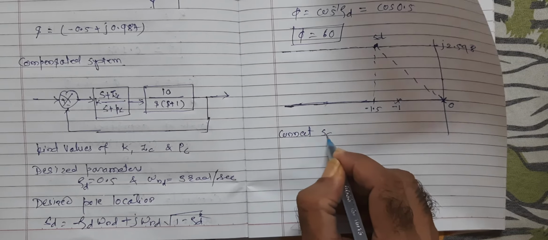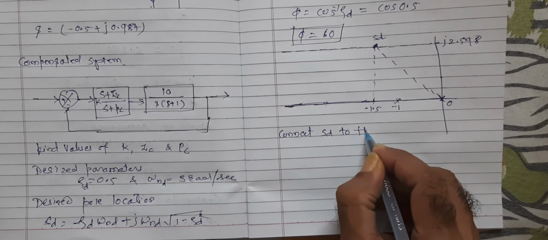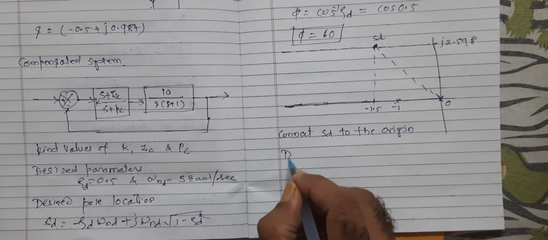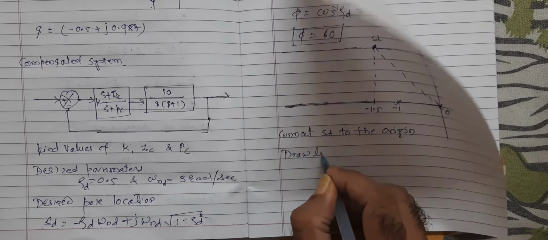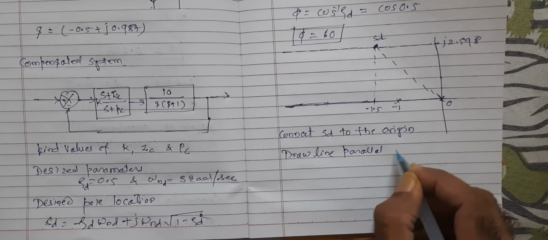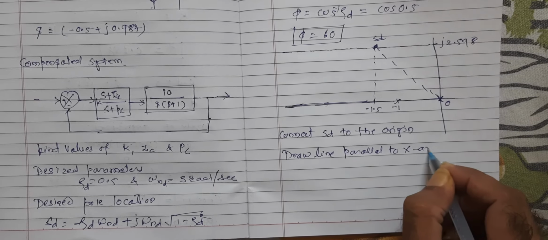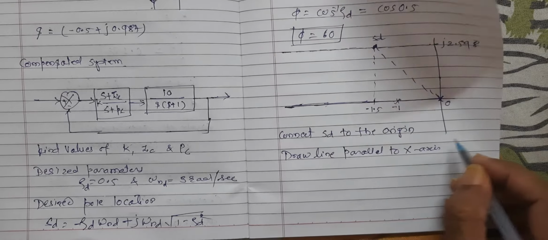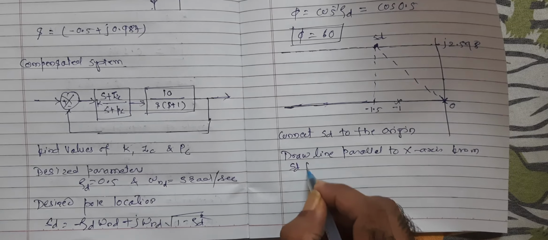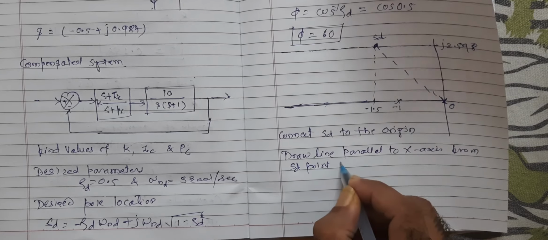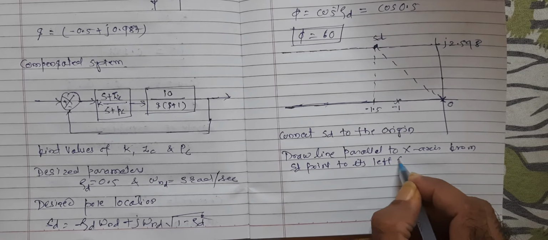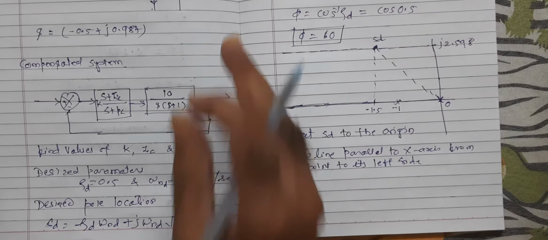Connect SD to the origin. Draw a line parallel to the x-axis from the SD point to its left side.